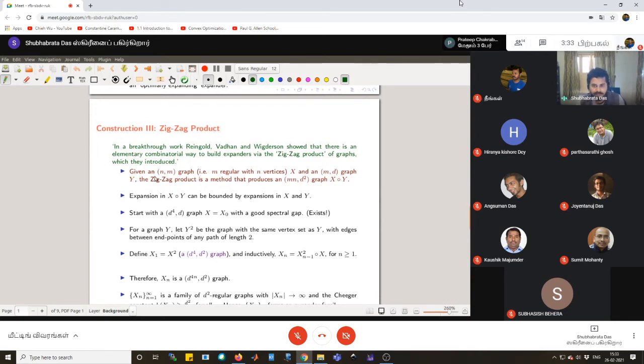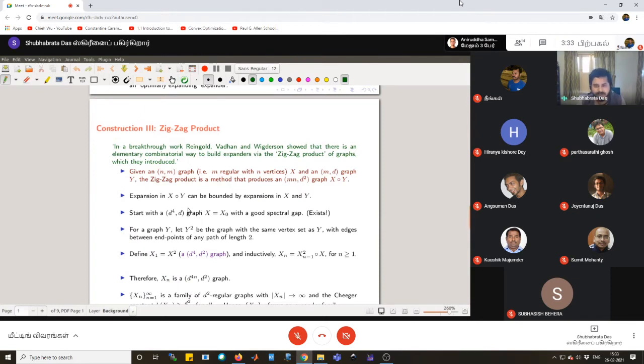Then we are zigzagging them into something which I denote here X compose Y. Most people use different notations like a circle with a z within it and some other notations. So this is a little non-standard notation for this zigzag product.